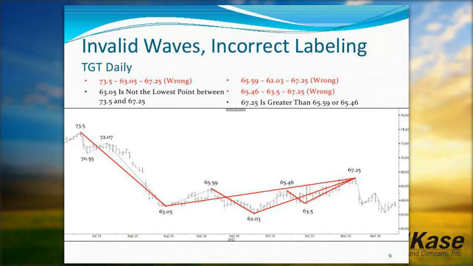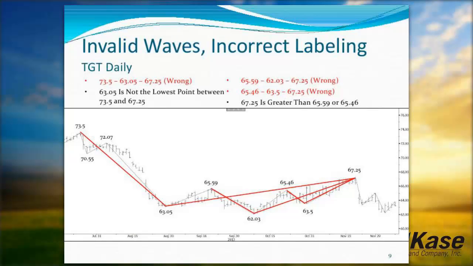One way that you can think about it, and when we're programming it in our algorithms for automatically picking waves in the apps that we have like Kase Outlook and our internal XYZ picker that I use for my weekly energy analysis, what we look at is if you have a YZ, for instance, in this case, 73.50 and 67.25, you can look at the Y. You have to find the lowest low between those 2 points, which would be 62.03.